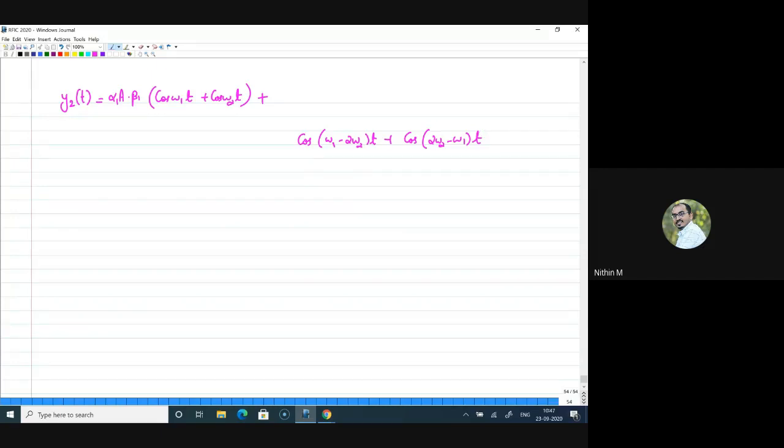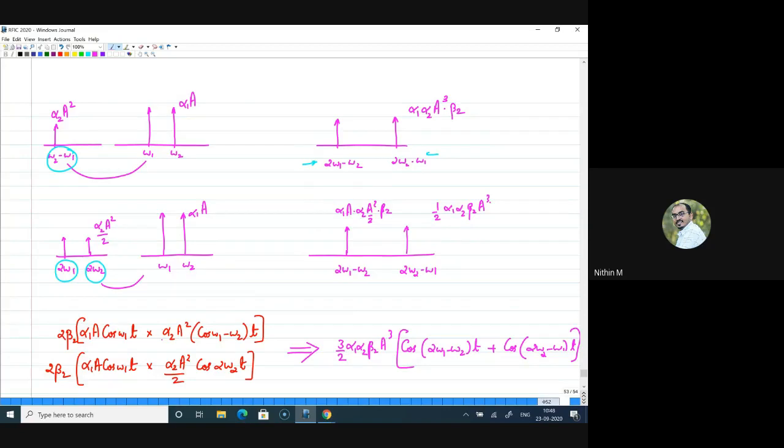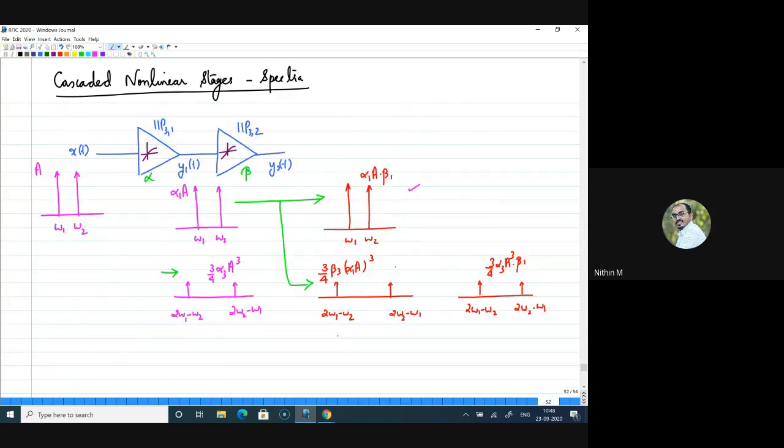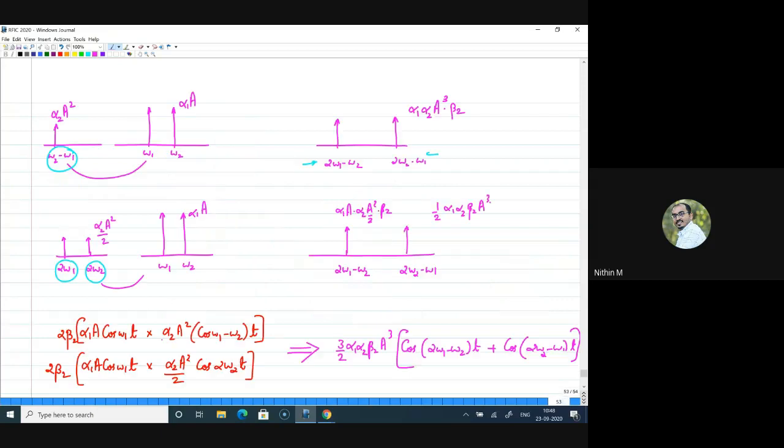Now the amplitude of this will be, yeah, so now if I want to write the amplitude of this, I have to consider which all things I need to consider. I have this amplitude here, which is 3 by 4 beta 3 into alpha 1 a cube, that is 1. Then the second one is 3 by 2 alpha 1 alpha 2 beta 2 into a cube.